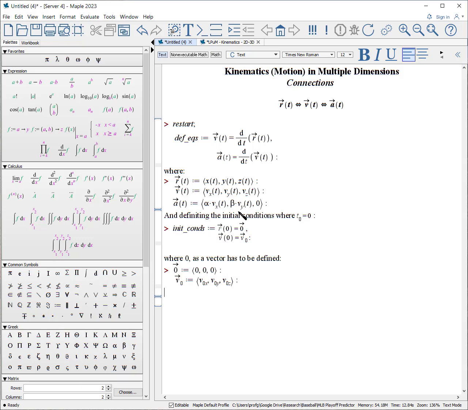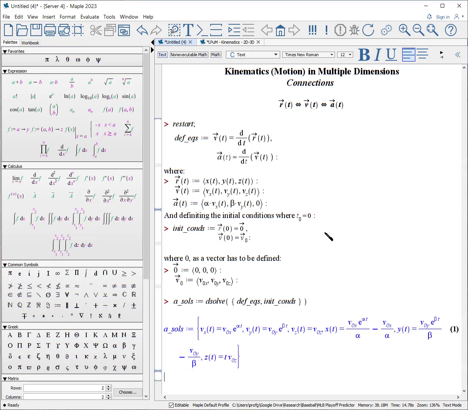And since we have to provide some initial conditions for this situation, I can define position as 0, where 0 is really a vector of 3 zeros, and some initial velocity. We can now solve these definition equations and include the initial condition equations and find out what v of x, v of y, and v of z, and x, y, and z are as functions of time.